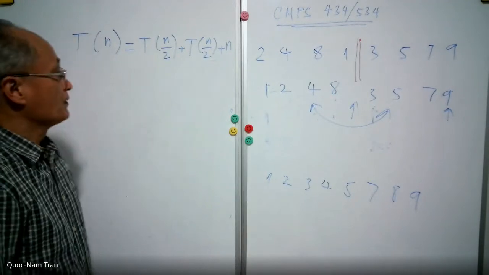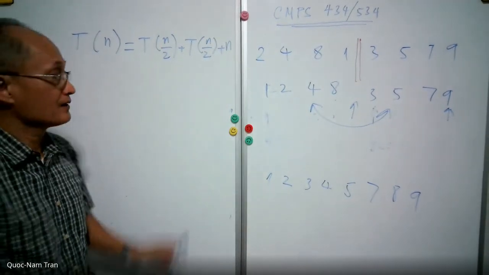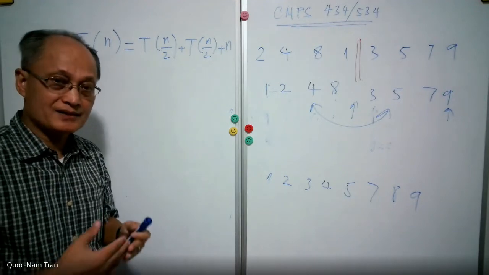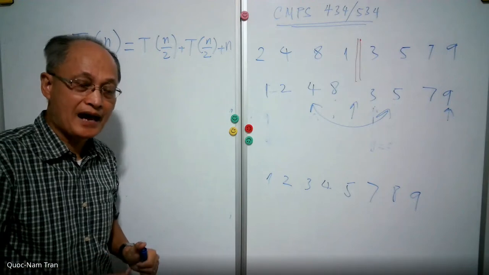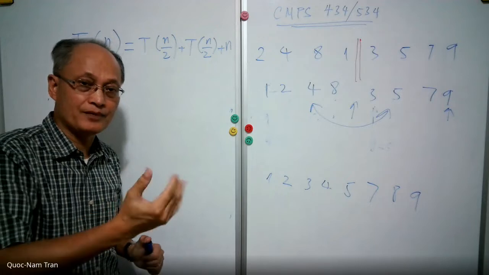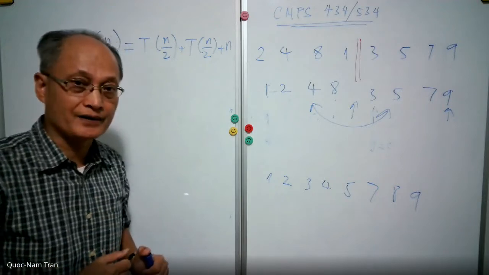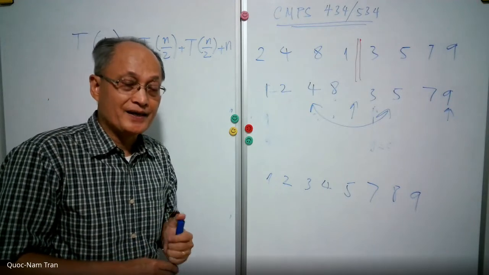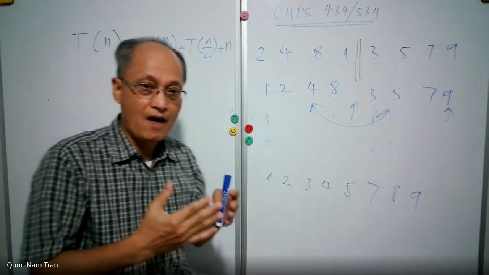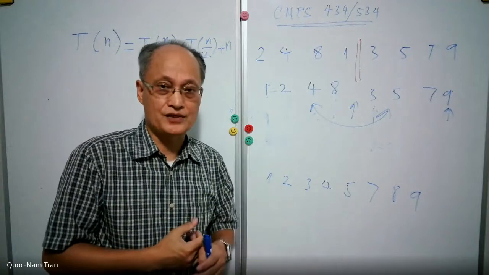Okay? So we come up with the total number of steps here, but it's different from what we had when we analyzed the complexity or performance of insertion sort, right? The main difference is that insertion sort is not a recursive function.